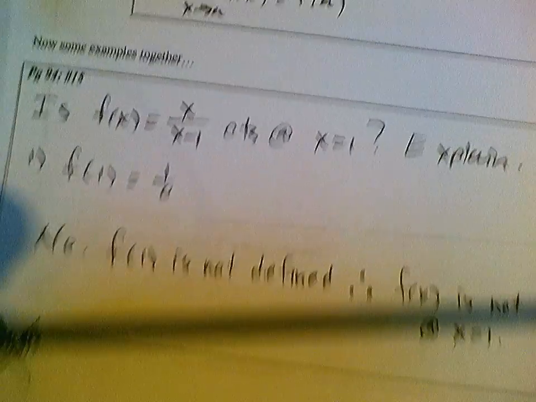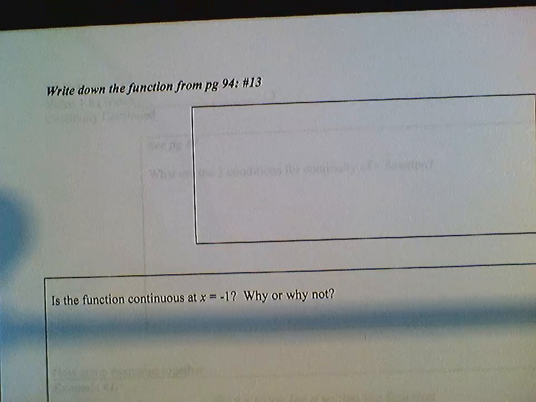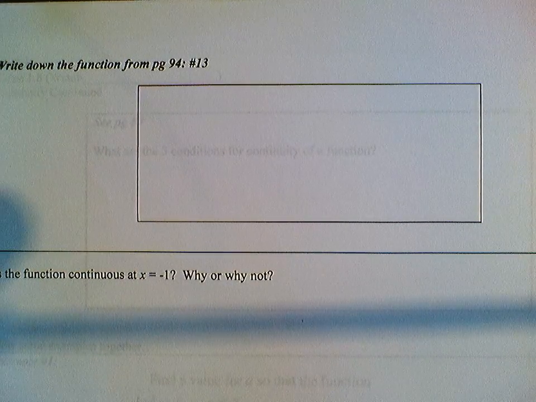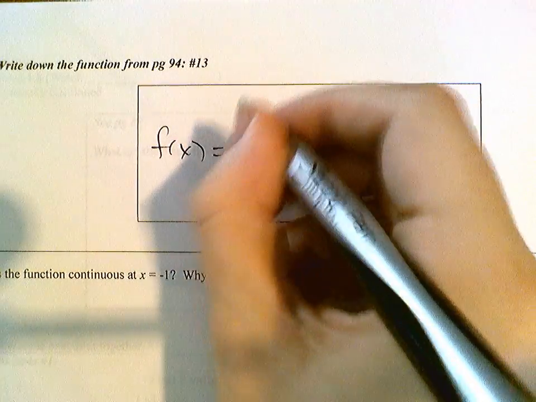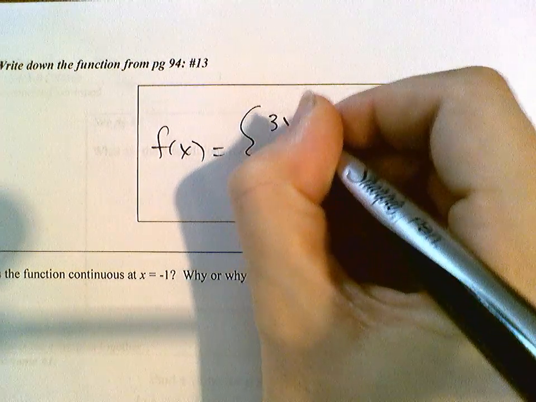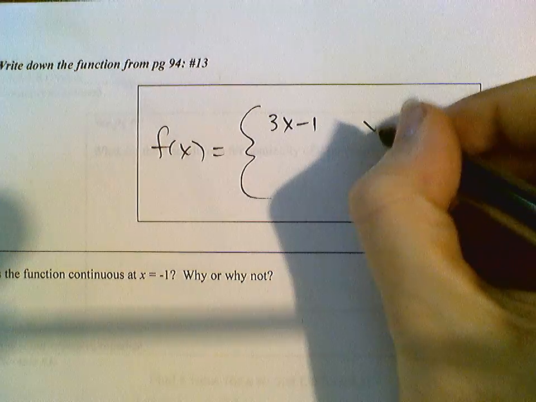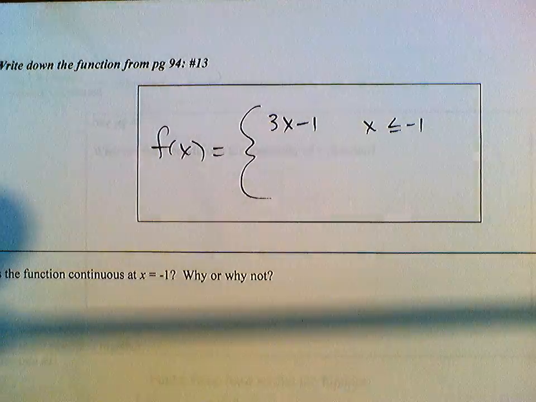So now flipping to the back, we are going to use a piecewise function here that we have to write down. All right, the next two problems will be regarding the following piecewise functions. So we have f of x. We're going to have 3 pieces of it. The first piece is a linear function, and that's going to be for the x values less than or equal to -1.